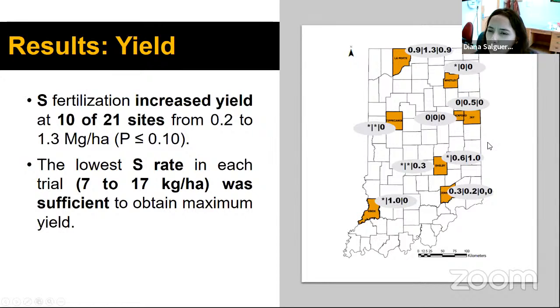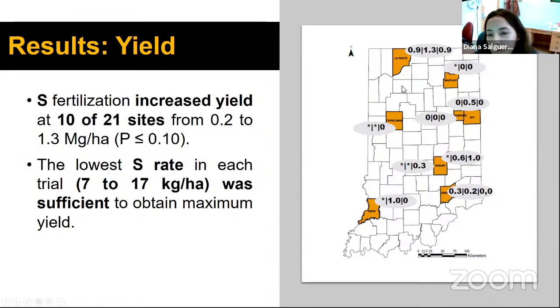And so far we have had 2 locations that are kind of opposite of each other. One is at the north side of Indiana and the other one at the southeast side of Indiana, where these responses have been consistent and large.